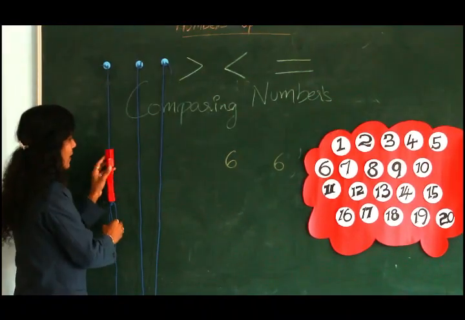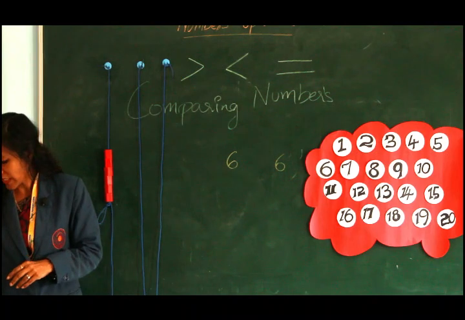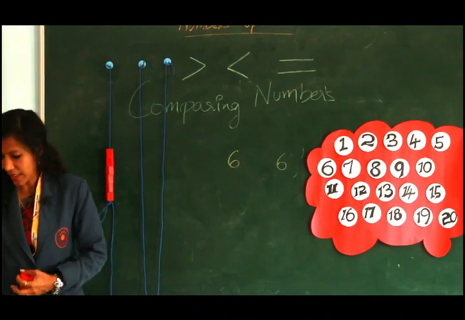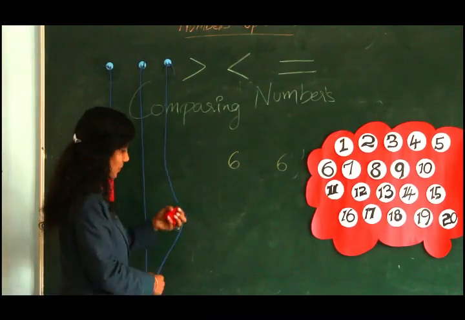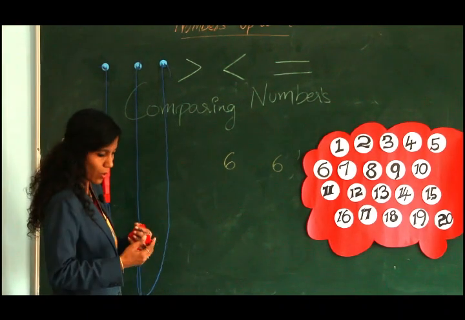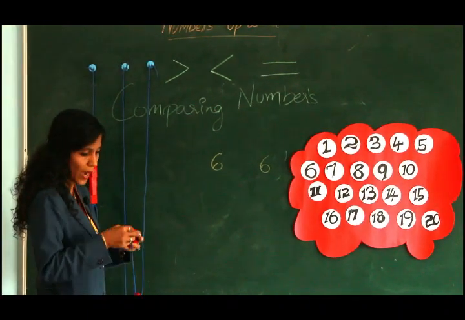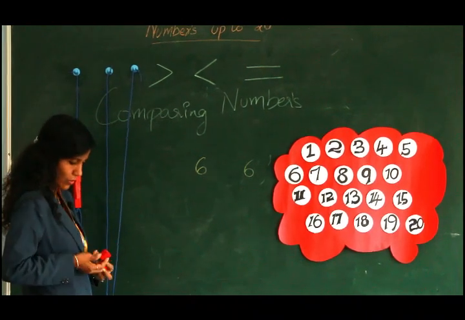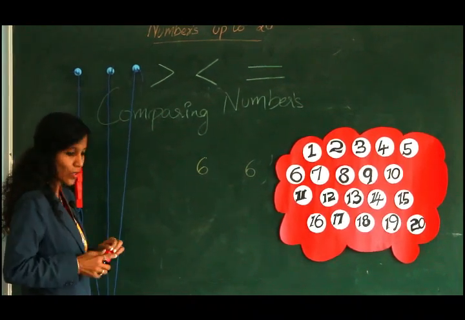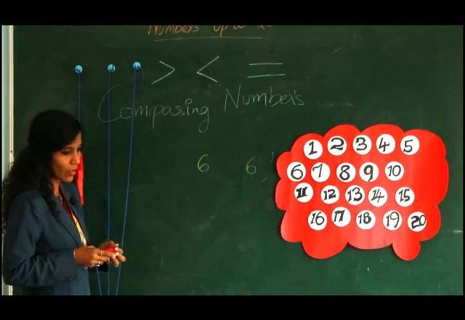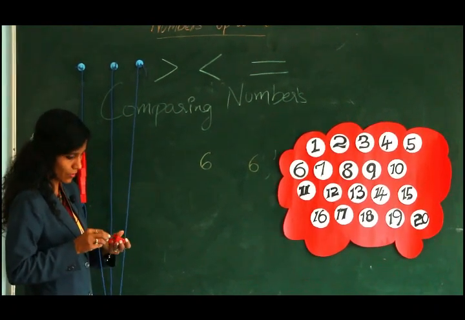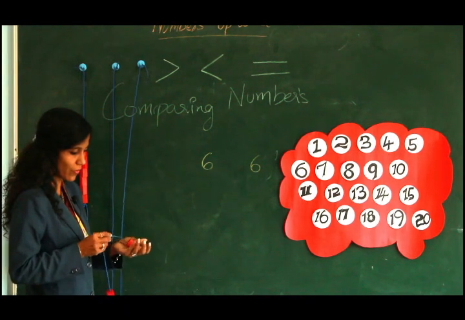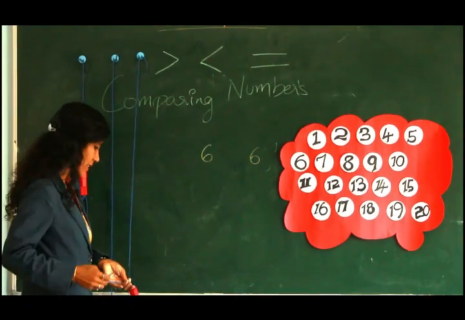6 beads are here. Again we are taking a set of another 6 beads. 1, 2, 3, 4, 5 and 6.